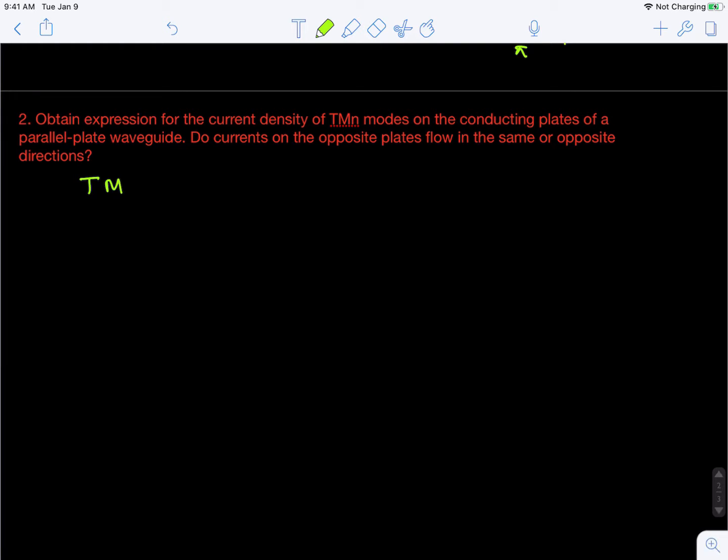It's the same set of equations that we used in problem 1. The equations are basically the field equations. So the Ez component is equal to a_n sin(n pi y / b). We don't have to write the time domain part, so I'll skip the cos(omega t minus beta z) factor and just write it in phasor form.